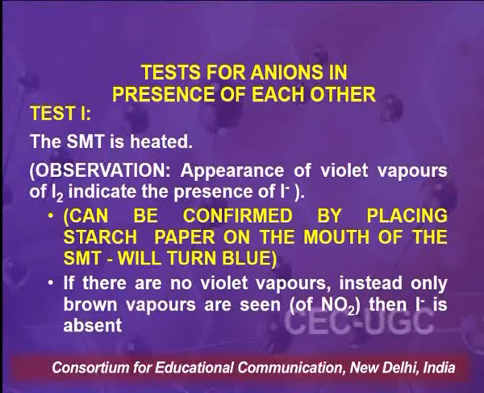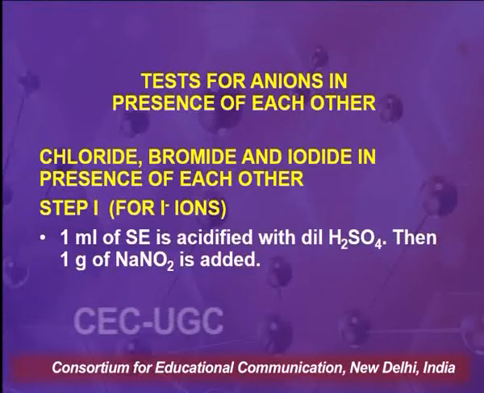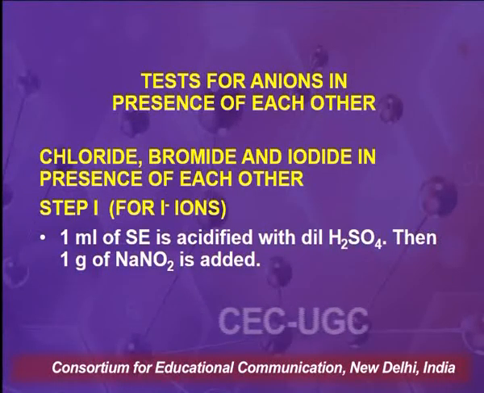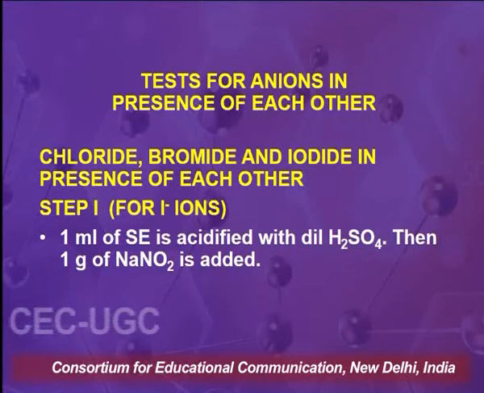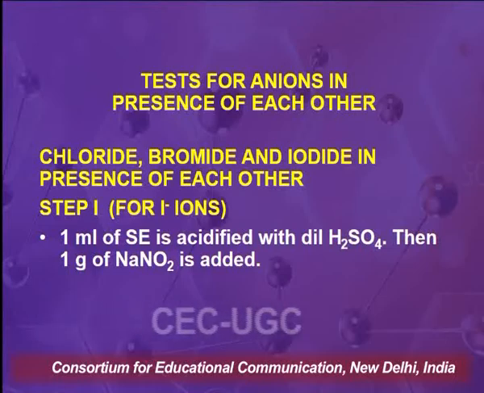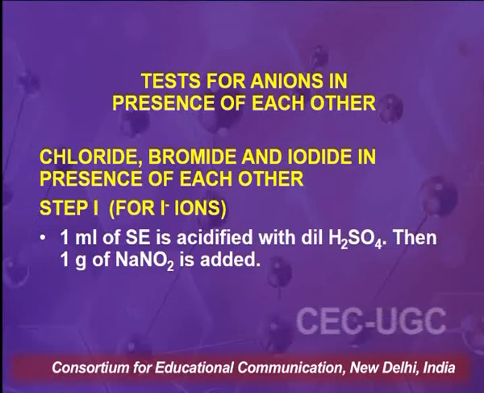If there is appearance of violet vapors, this indicates the presence of iodide ions in the mixture, because these violet vapors are of iodine. What has happened is that the sodium nitrite added to the soda extract along with dilute H2SO4 has oxidized iodide first to iodine, which produces violet vapors, since iodine is highly volatile.